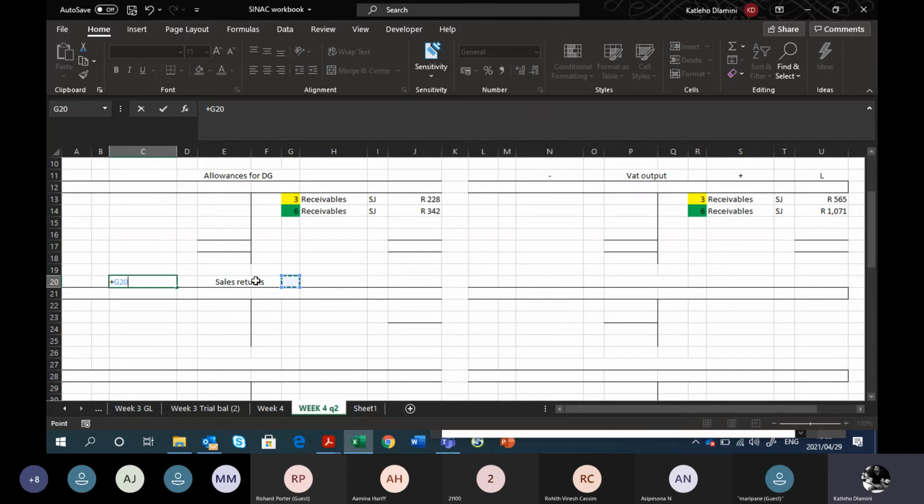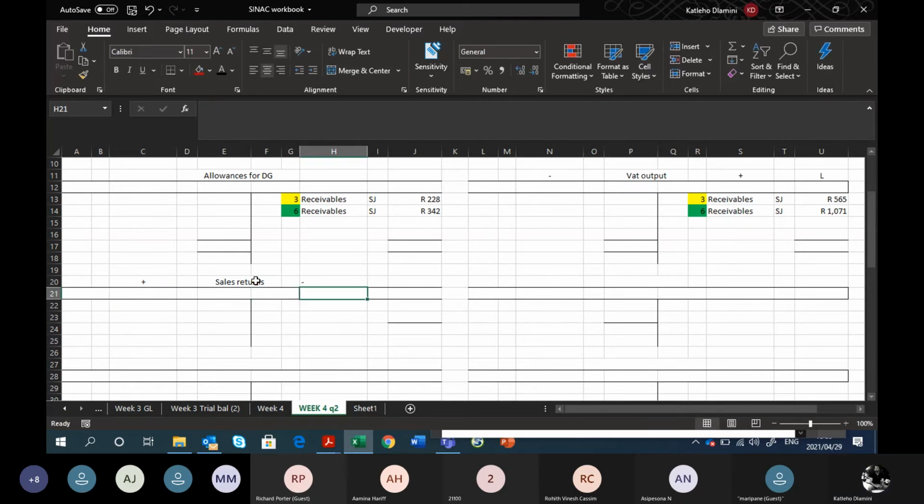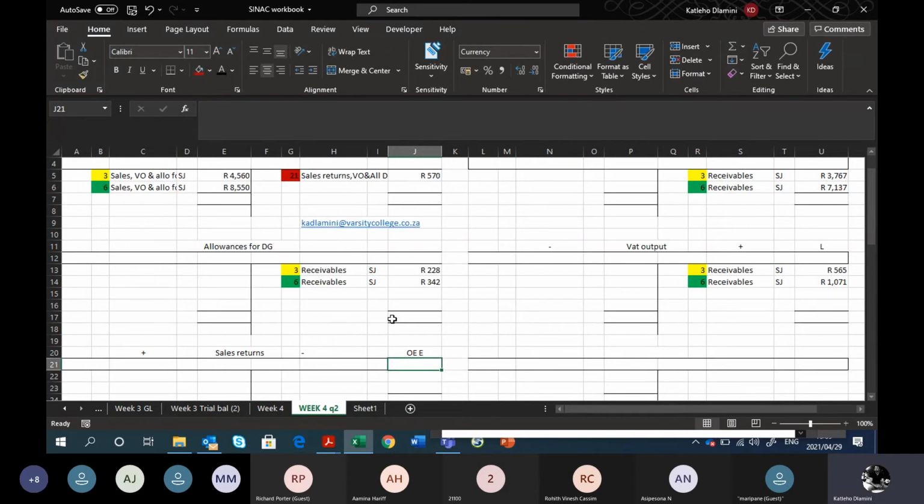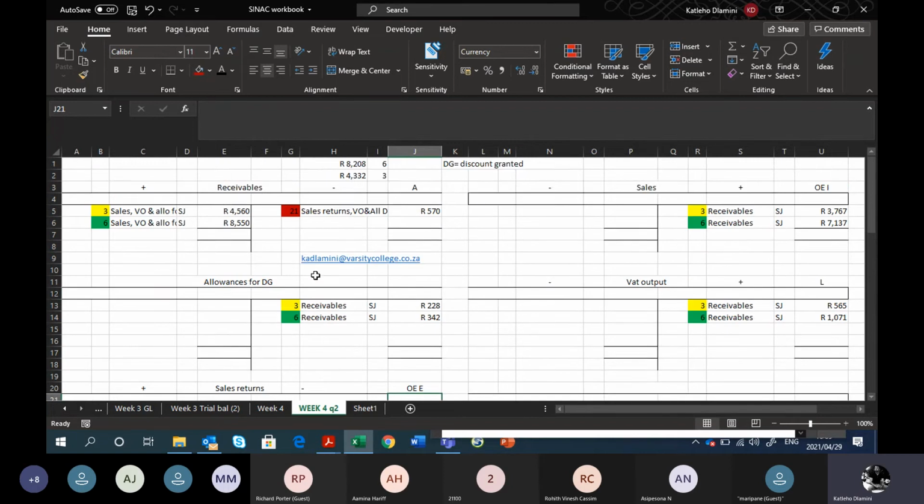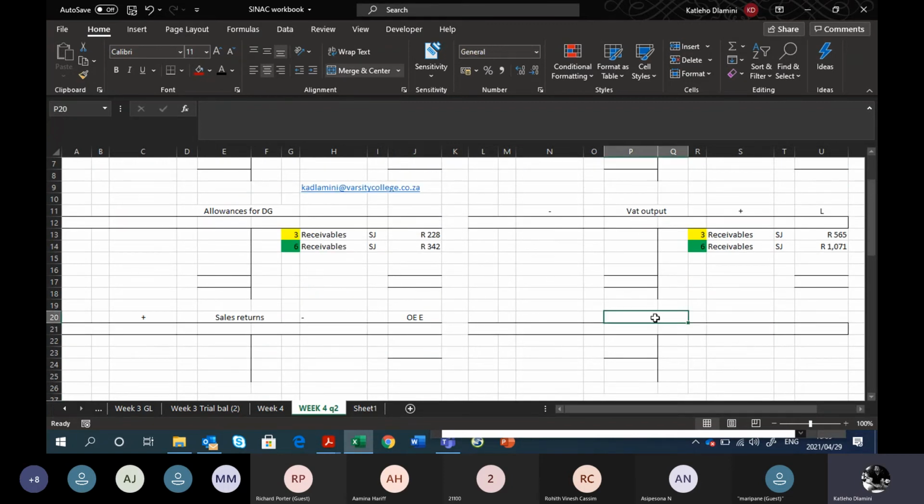That's plus minus an expense. What else am I missing? VAT output is there. Do I have my bank? No, I don't have bank. Minus an asset. Allowance, I have it. VAT output, I have it. Okay.